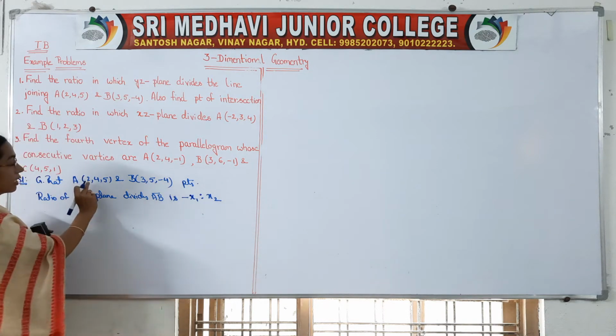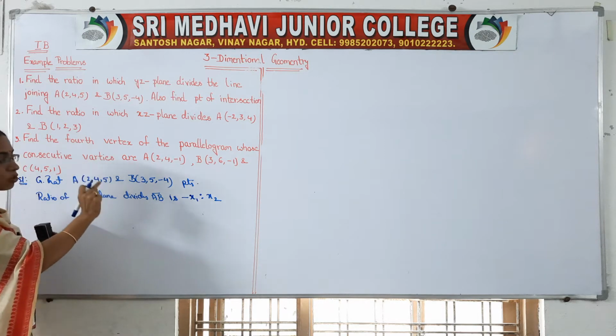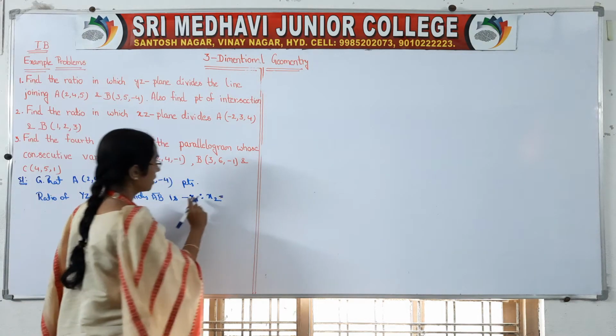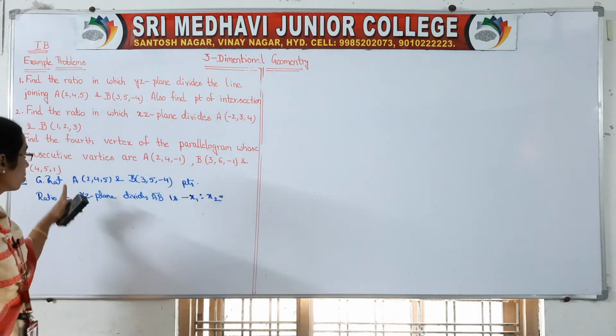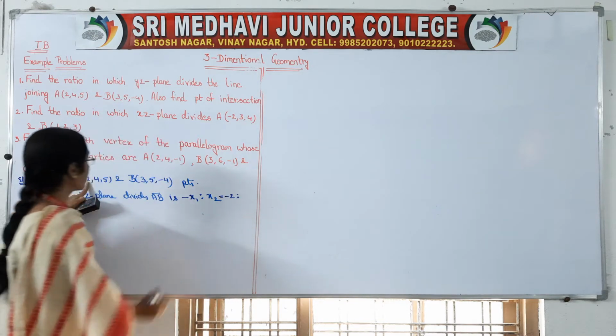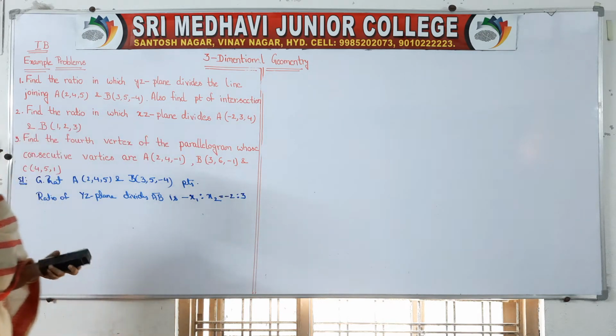So, here you consider A point as x1, y1, z1, B point as x2, y2, z2. So, your ratio is minus of x1 is to x2. So, come on, minus 2 is to x2 is 3. Minus 2 is to 3.